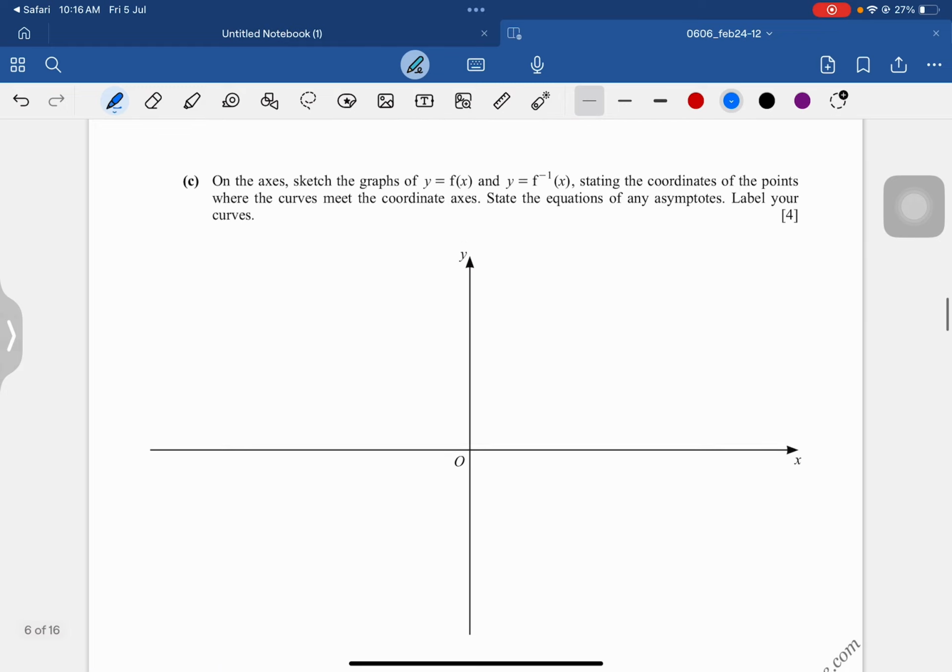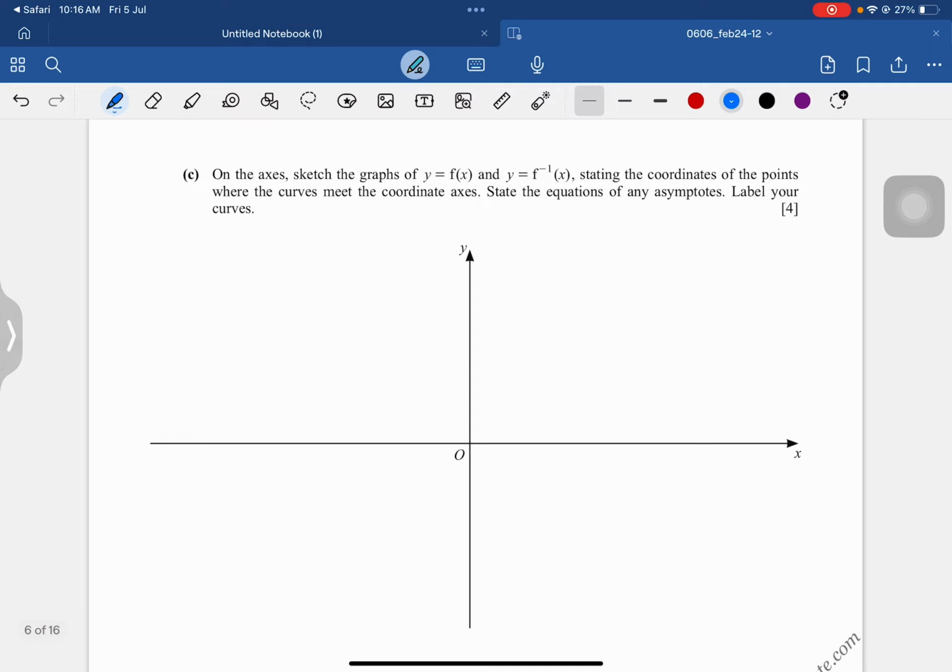Okay, here is a typical function question. It's a sketching. As previously, I actually have done drawing f(x) already, which is going to be here, cutting at 3 here. And we have y equals x here.